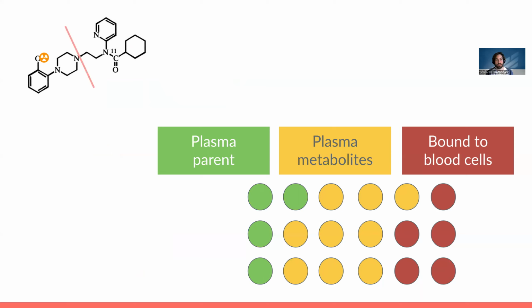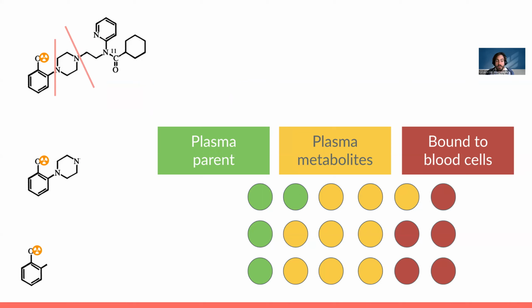For example, if there's a chop over there, then we're left with this compound. Or if there's a chop over here, then we're left with this compound. Both of these compounds are radioactive because they still have the radionuclide attached to them, but they aren't the original compound, and they hopefully shouldn't bind the target, and hopefully shouldn't cross the blood-brain barrier.